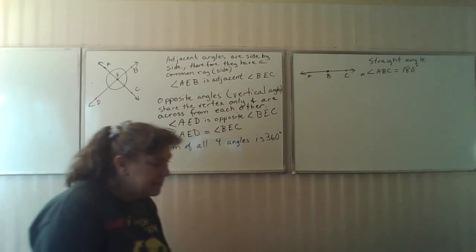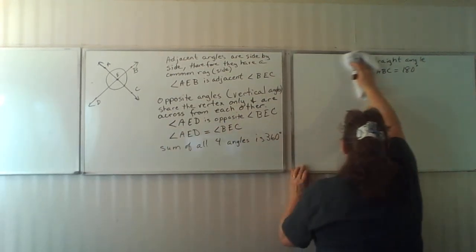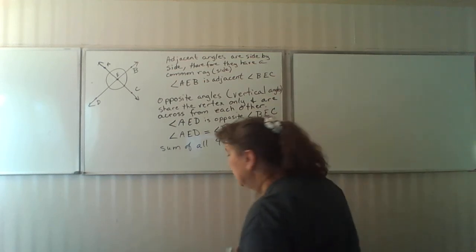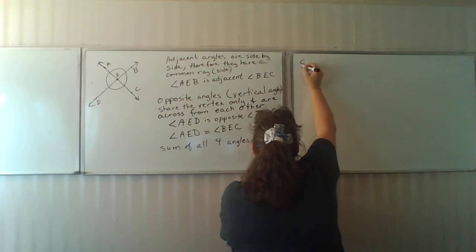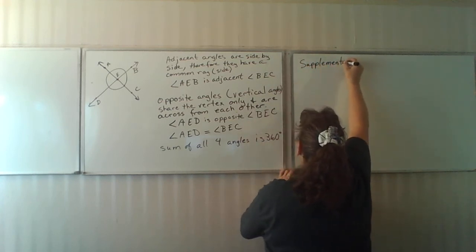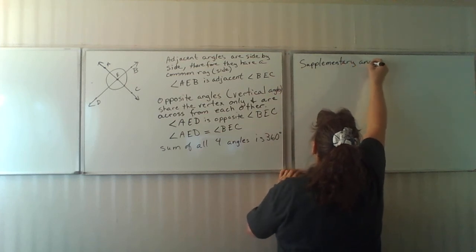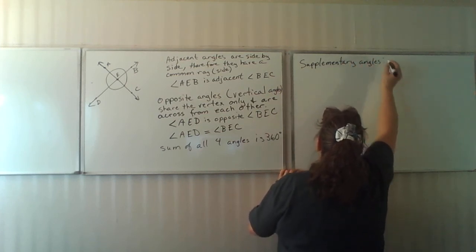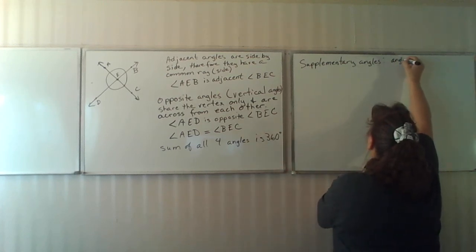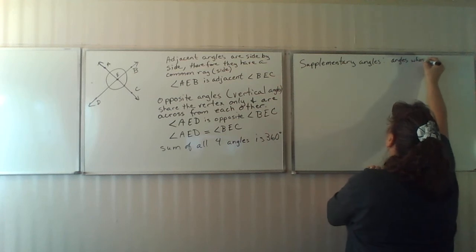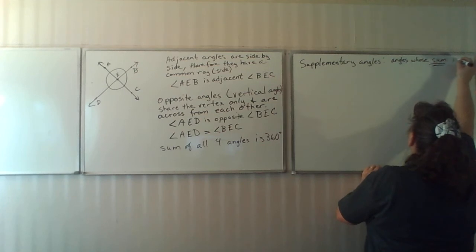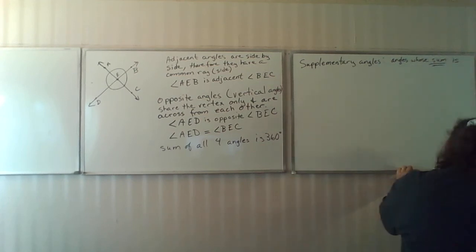Okay, so this leads us then to supplementary angles. If we look back at the picture we just had, supplementary angles are angles whose sum, in other words, addition, is 180 degrees.